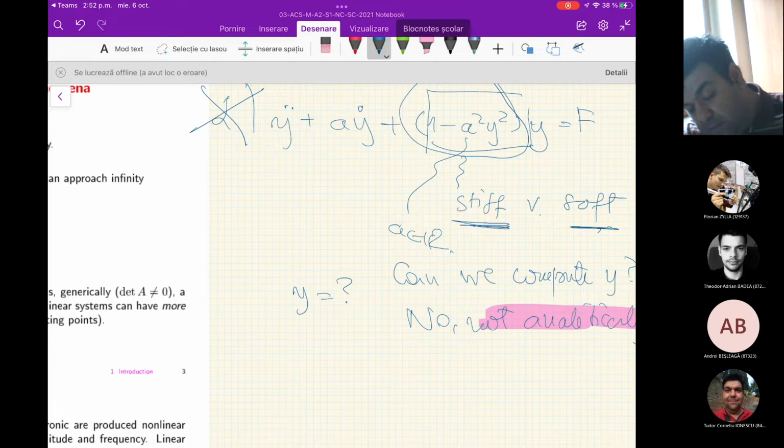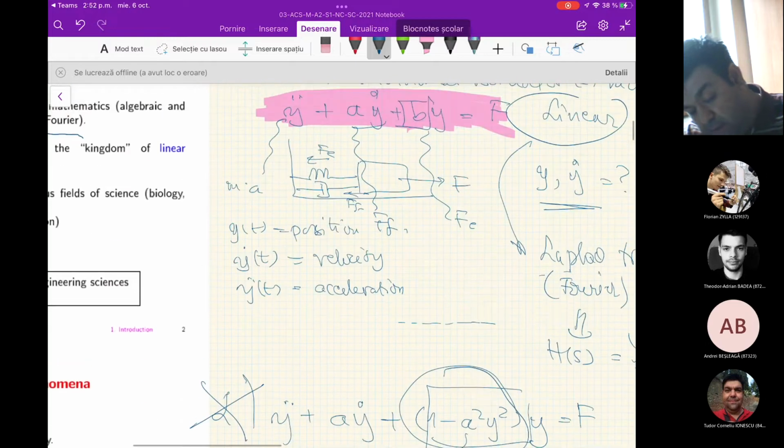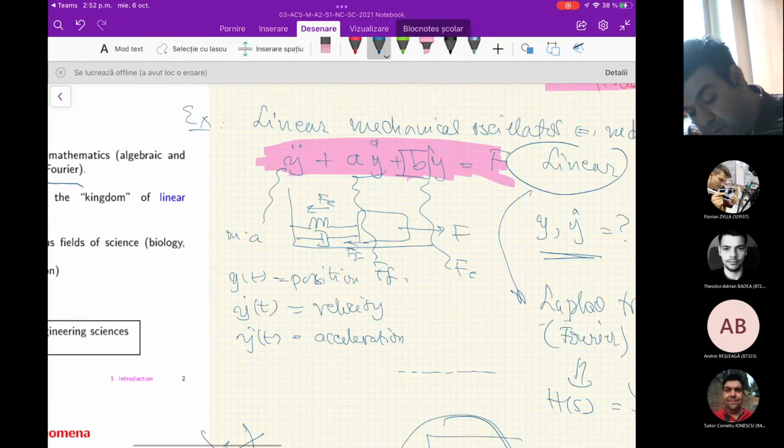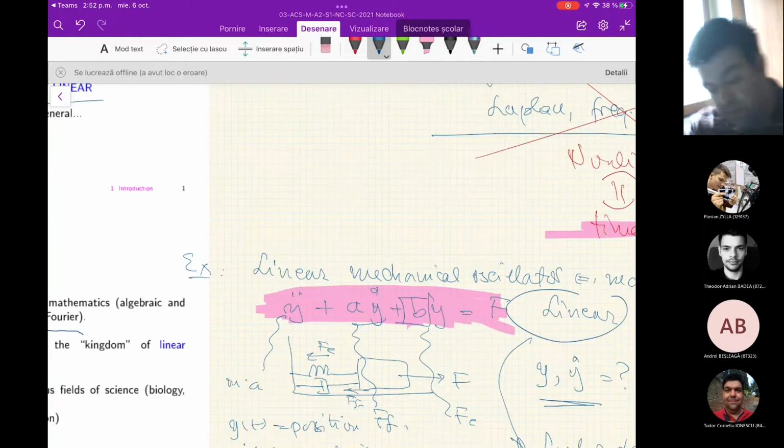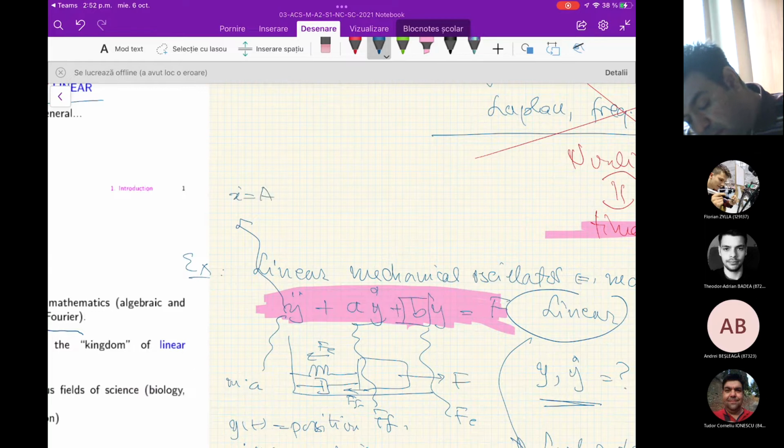this equation here, of the mechanical oscillator, can be easily written as x dot is Ax, where x is y and y dot.